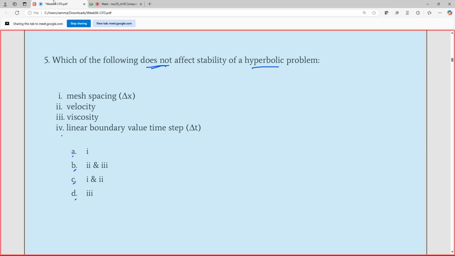So, which of the following does not affect the stability of a hyperbolic problem? Is it mesh spacing, velocity, viscosity, or linear boundary value times time? You can inbox your answers.